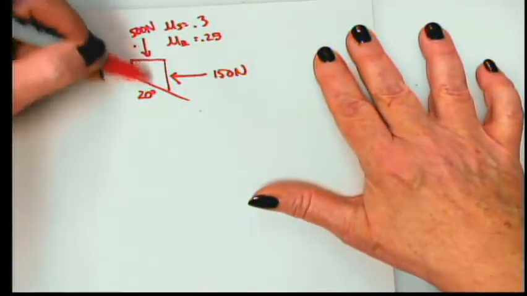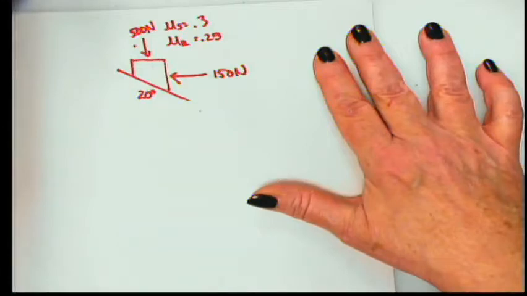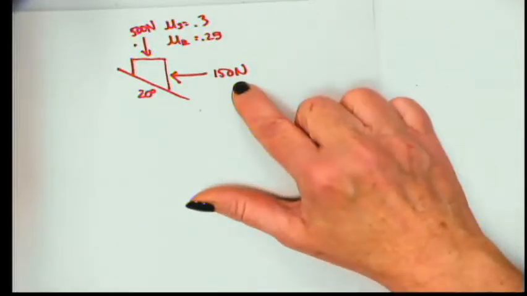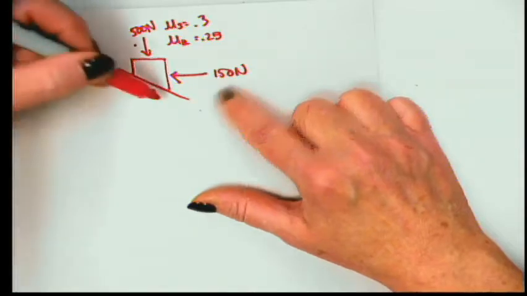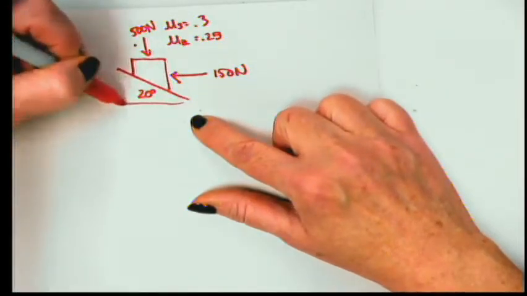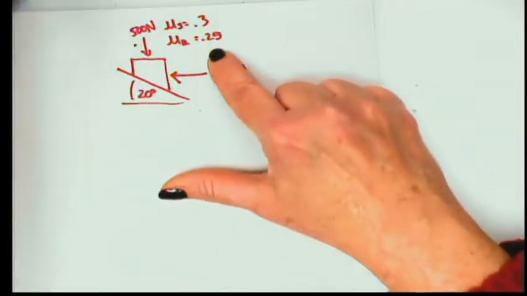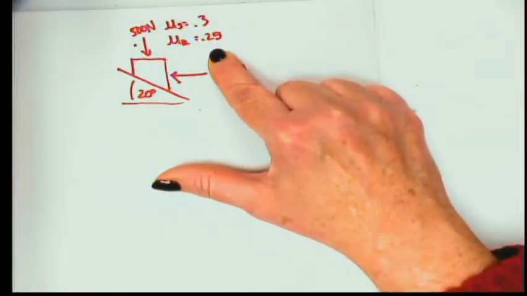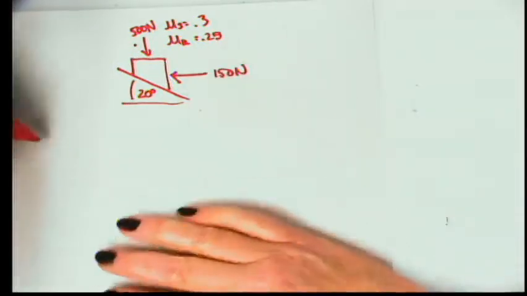Whatever it is, there's a vertical force of 500 newtons pushing on the block. There's a 150 newton force pushing on the block. There is a 20-degree angle, and what we're trying to determine is whether the block is in equilibrium.